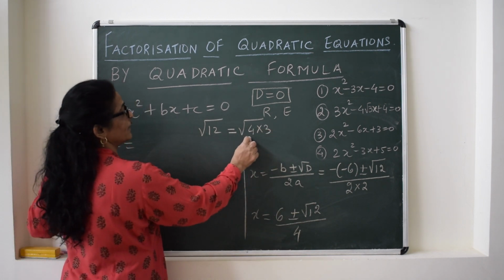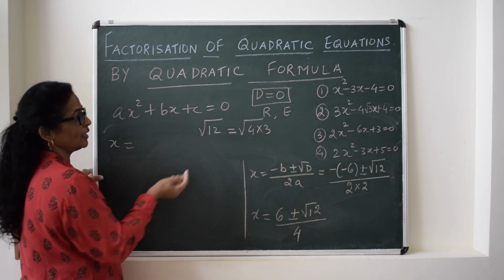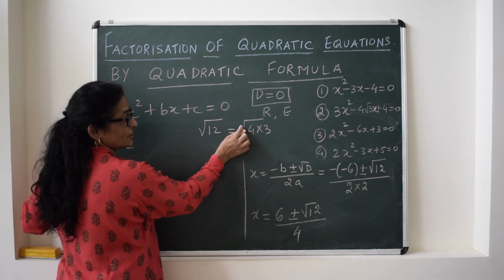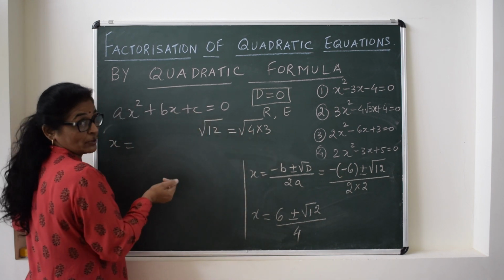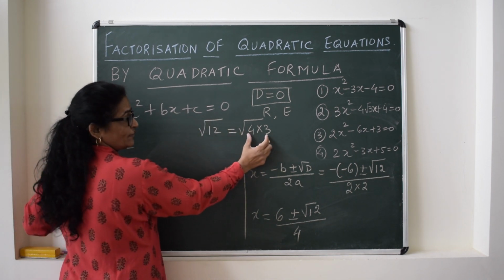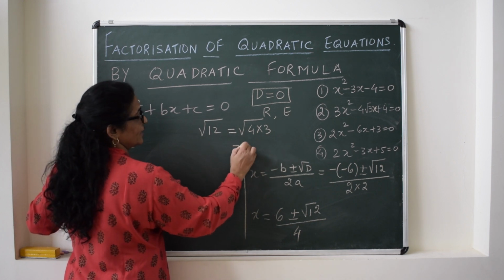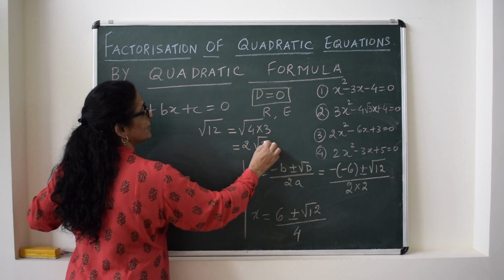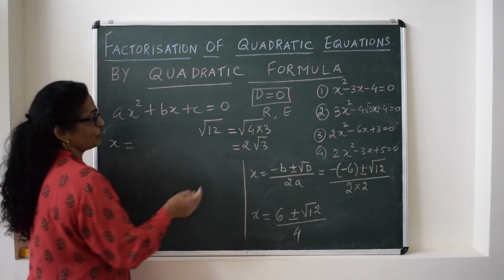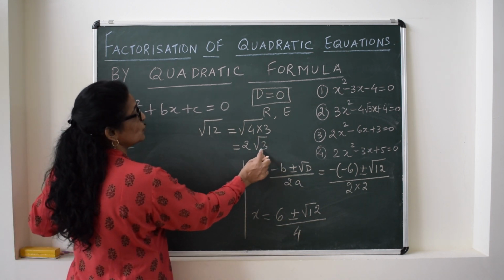Why purposely am I writing 4 into 3, not 6 into 2? Because this is the order of the surd, that is 2. So under root of 4 can be solved, under root of 6 cannot be solved. So this 4 will come out in the form of 2 and root 3 will be as it is. So root 12 we will write as 2 root 3.